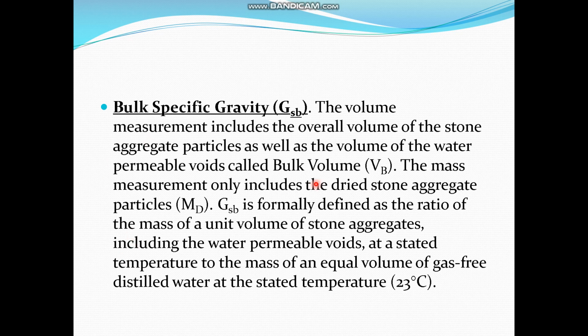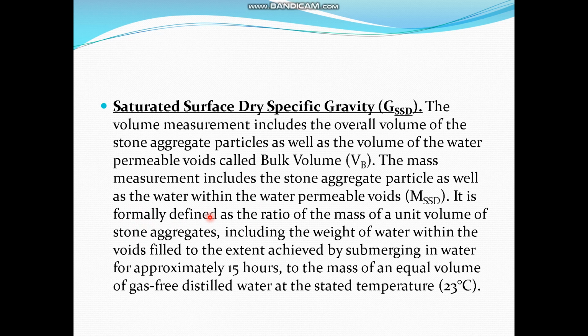In bulk specific gravity, we do consider the permeable voids, that is the voids within the aggregate itself, along with the voids that the aggregate interlocking causes, and that is why it is called the bulk volume, while the mass is the same, that is the dry weight of the aggregate. Whereas in saturated surface dry, the bulk volume is used, but the saturated surface dry weight is considered for weight.